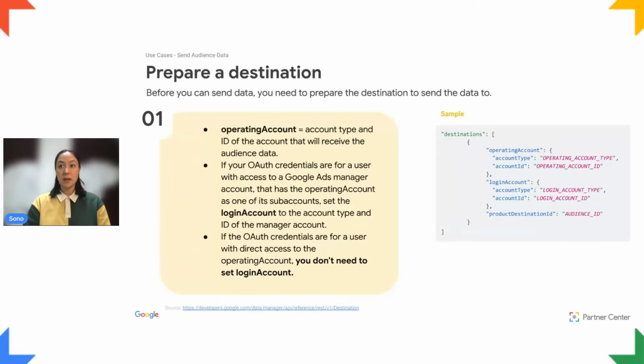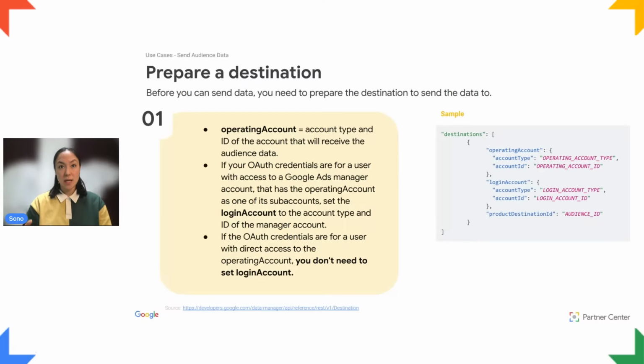So if you're authenticating via a manager structure, meaning that you have an MCC hierarchy, so one manager account with multiple sub-accounts, you would need to define these in the destination object. And the login account is the credentials you have direct access to the child account too. So this is something very important because depending on the account hierarchy you have, you would need to set those different parameters differently.